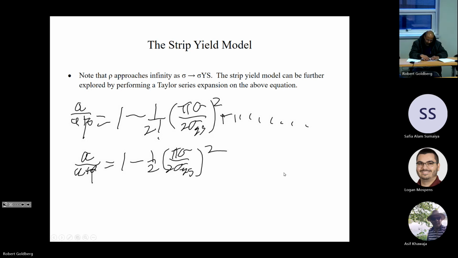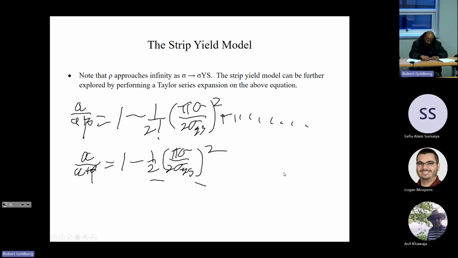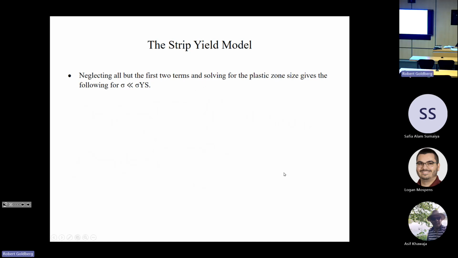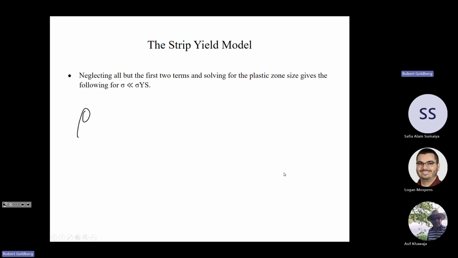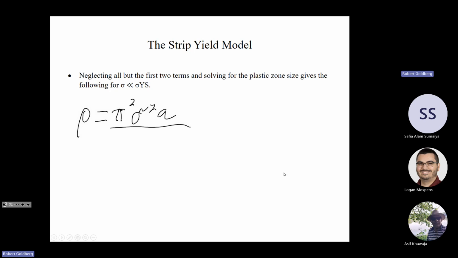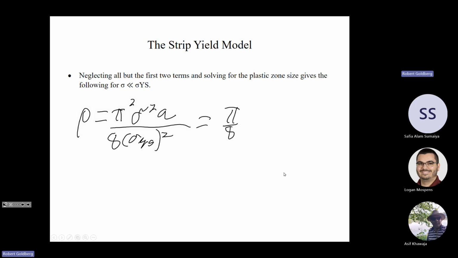So we square this, put it under a common denominator, and do some algebra. What we end up with is that rho is equal to pi squared sigma squared times a divided by 8 times the yield stress squared, which is just pi over 8.